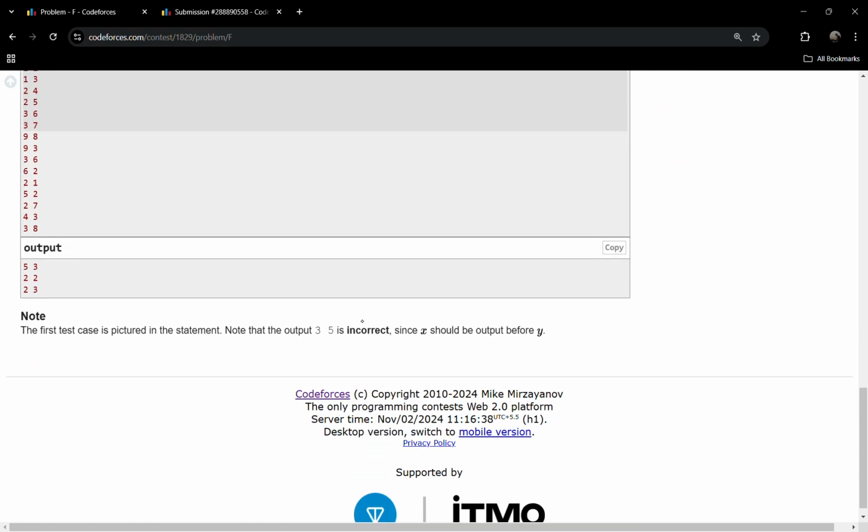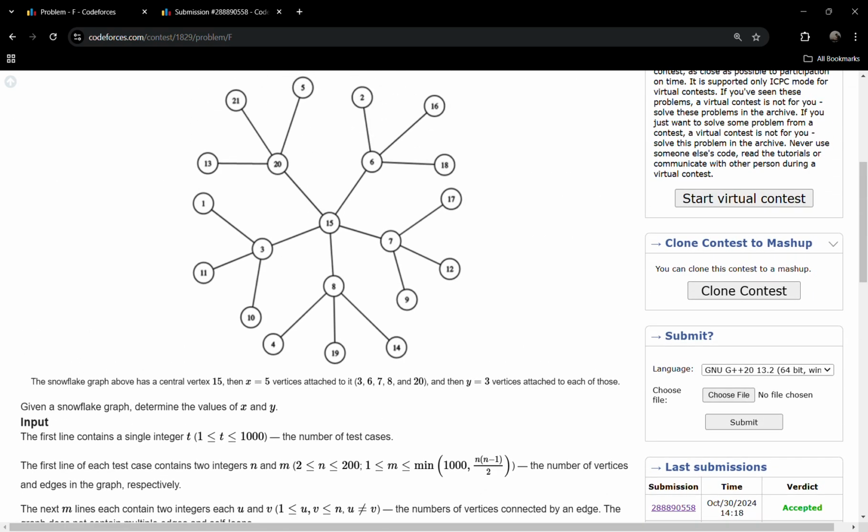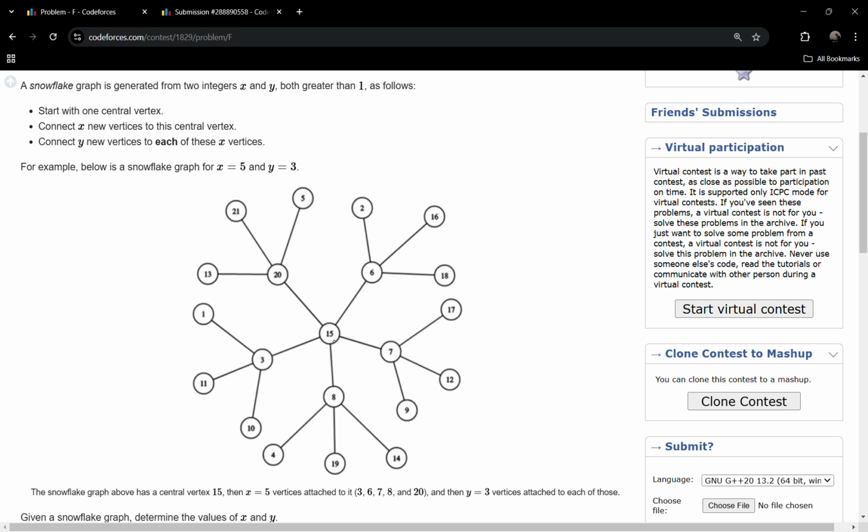So what we will do is, take a look at this snowflake. We will store the count of the edges, meaning the degree of each vertex, in a map. Here the degree of this vertex 15 is 5, all the interior nodes which are not root or leaves have degree 4, and the degree of all the leaves is 1.